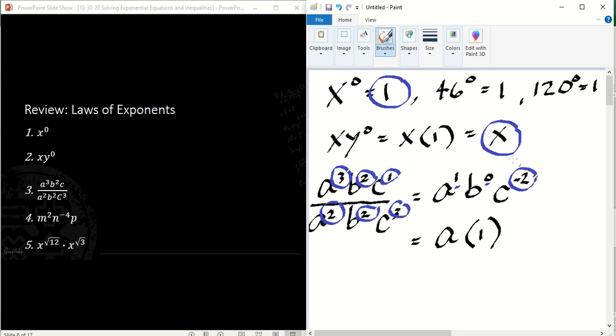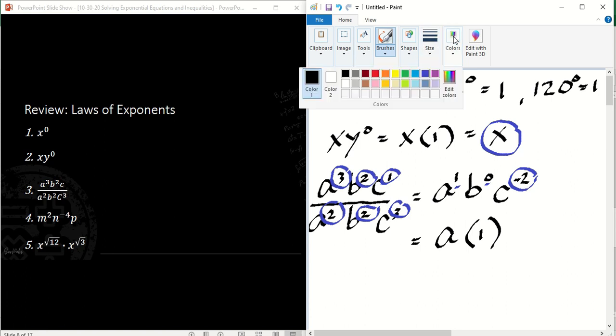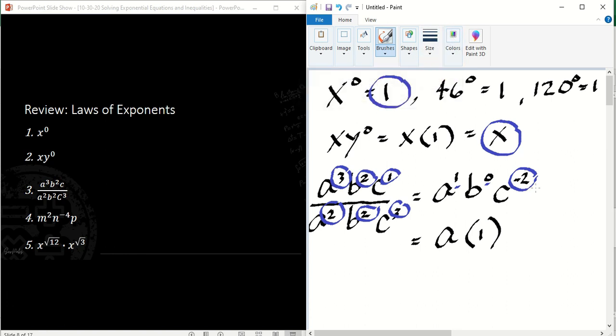Ang c to the negative 2, so sabi kanina, kukunin yung reciprocal para maging positive. Kabaliktaran, reciprocal kabaliktaran in terms of numerator over denominator. Okay, so kasi ang c to the negative 2, that is c to the negative 2 over 1. Hindi lang nakalagay yung 1, hindi lang pinapakita.